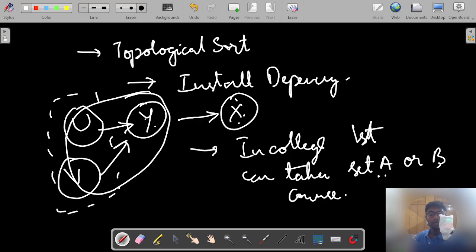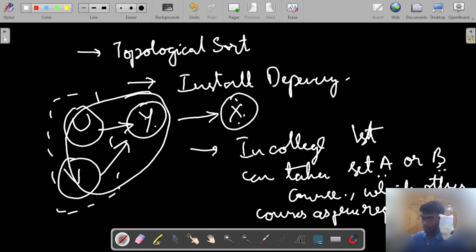And these might have other sets of courses as dependencies, as prerequisites. So this is the whole idea, right?